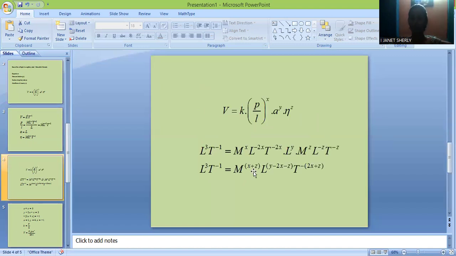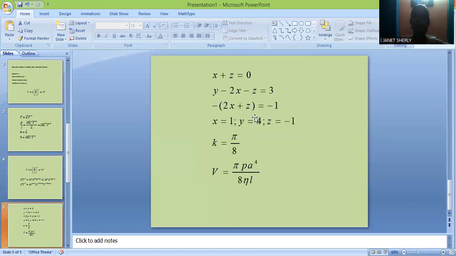After substituting, I'm going to equate the dimensional powers, solve these 3 equations to find the values of x, y, and z. And finally, we substitute all that in the formula of V, right? So this is the rate of flow of liquid in a capillary tube.